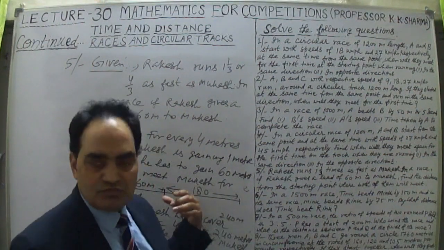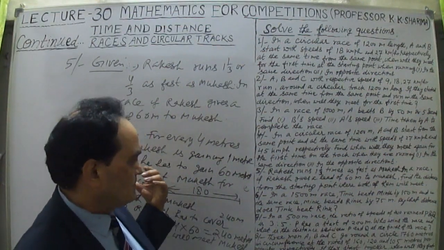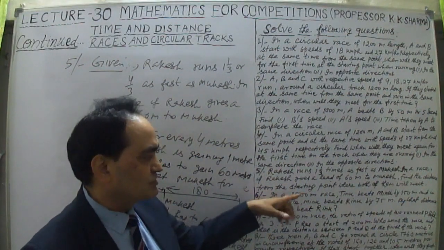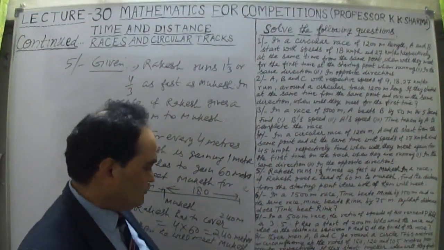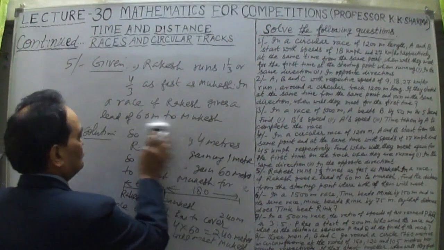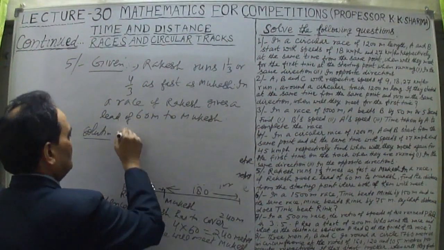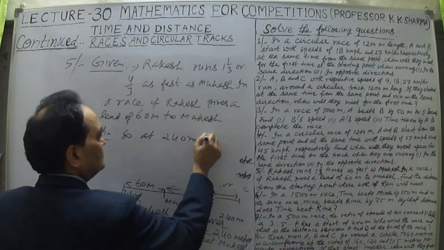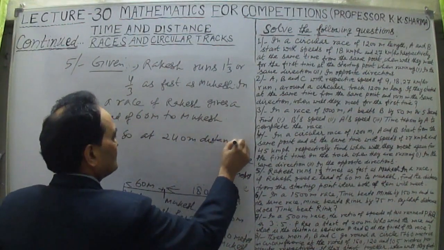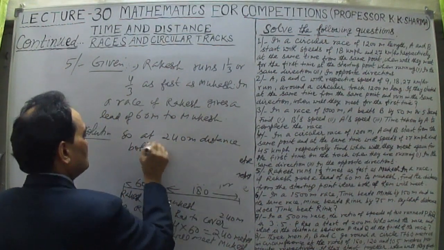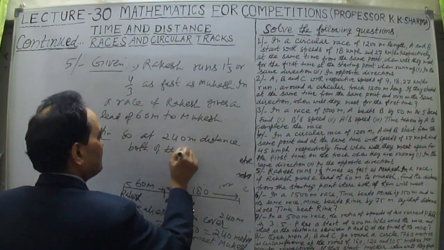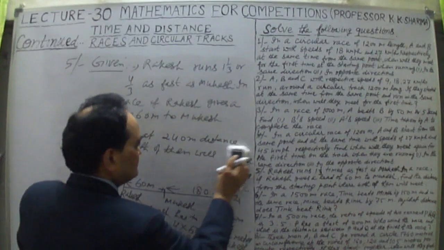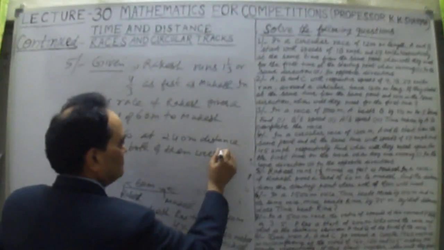At what distance from the initial point will they meet? Find the distance from the starting point where both of them will meet. At a distance of 240 meters, both of them will be together or will meet.